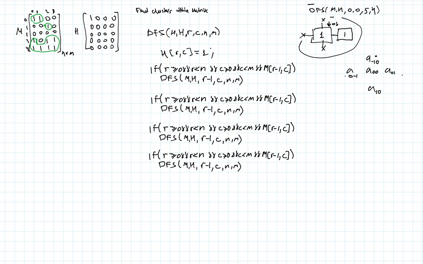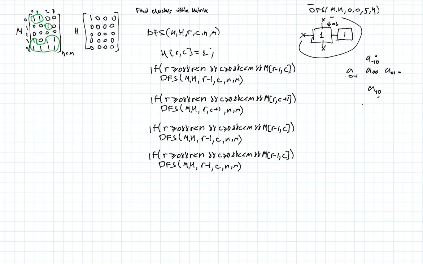So if we take this, for example, it will be r, c plus 1, right? And we of course change these values as well. c plus 1. Okay, what else?